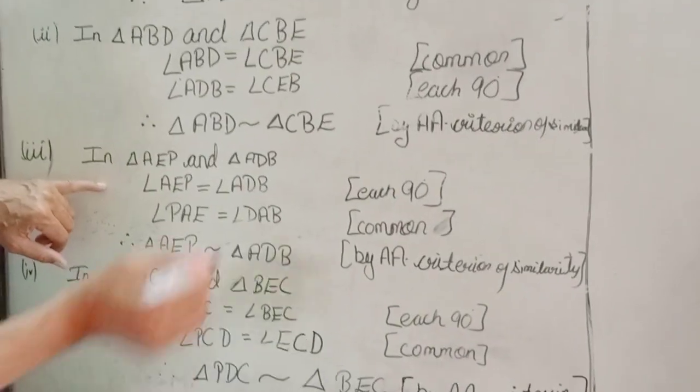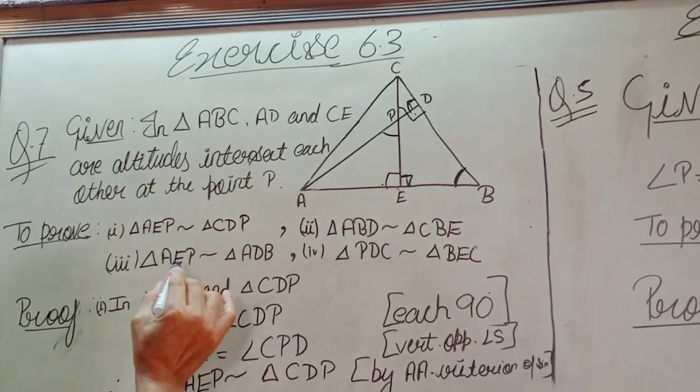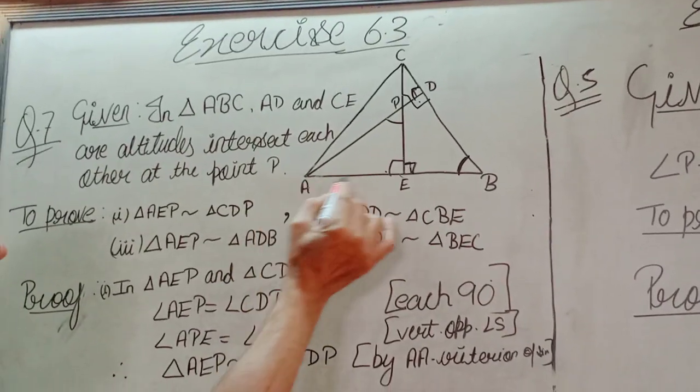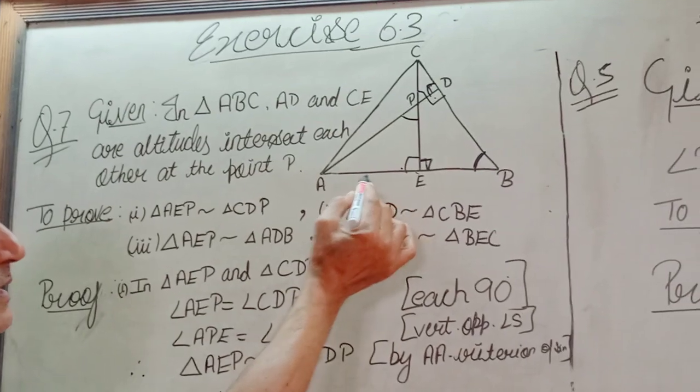Now let's take up the third one, triangle AEP and triangle ADB.